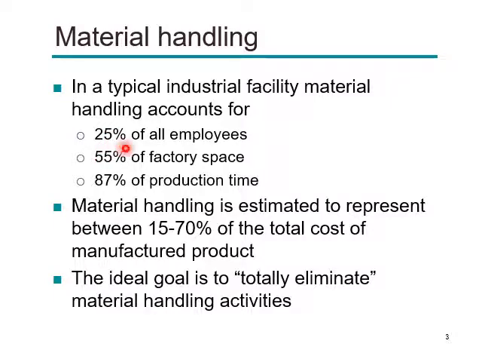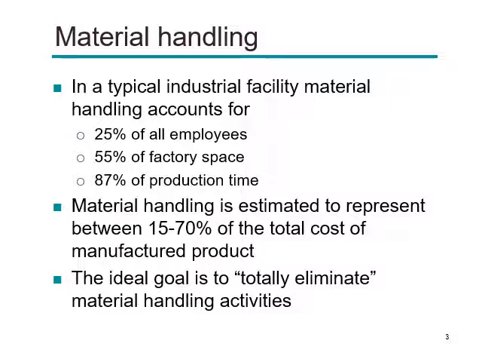Also, the total space allocated for material handling is more than half of the factory space. This 55% includes the storage, the movement of items, the equipment storage, and the parts storage. All these spaces account for 55% of the total factory space.